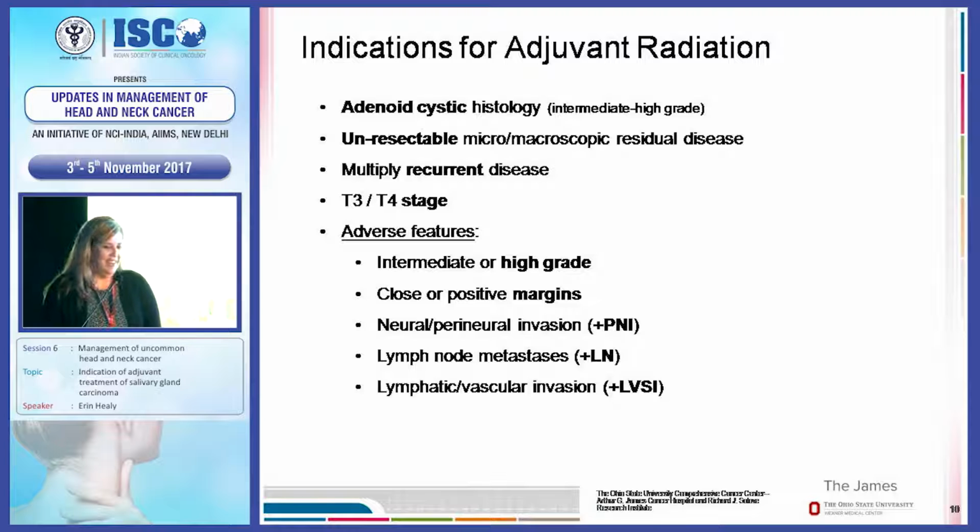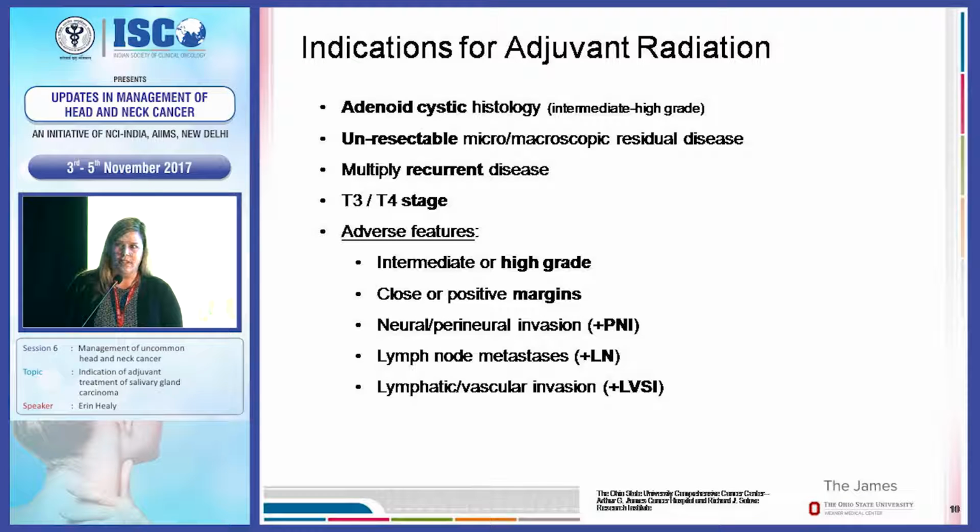So these are my indications for adjuvant radiation. We will say high-grade and adenoid cystic histology, any unresectable microscopic or macroscopic residual disease. Any disease that recurs and recurs and recurs is also considered for adjuvant radiation.